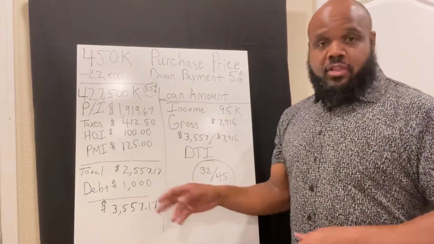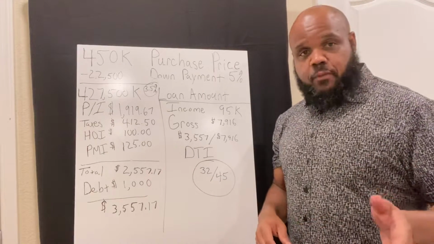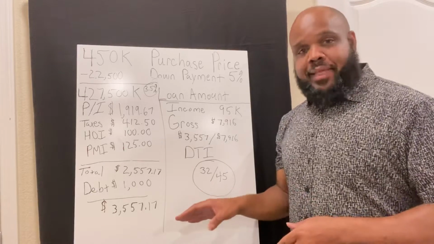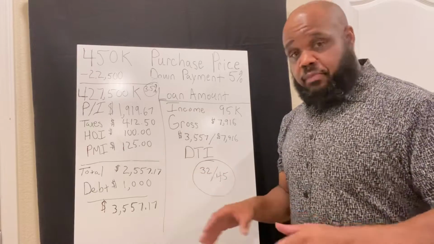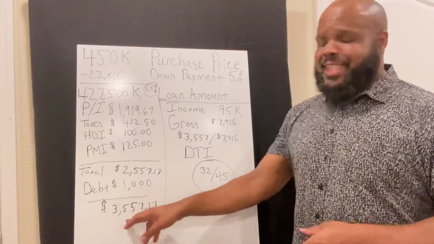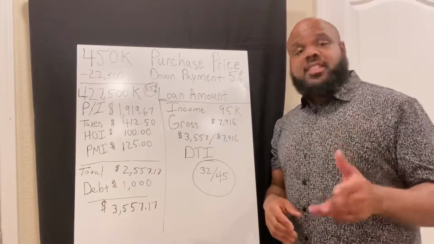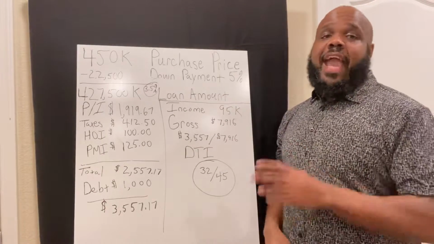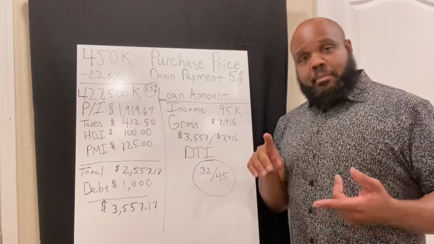Now the debt we talked about in the previous video, we're just using $1,000 in minimum monthly payments, like what you have on your minimum monthly payment amount. For the purpose of this video, for the example, we're using $95,000 annual income. This income is basic.